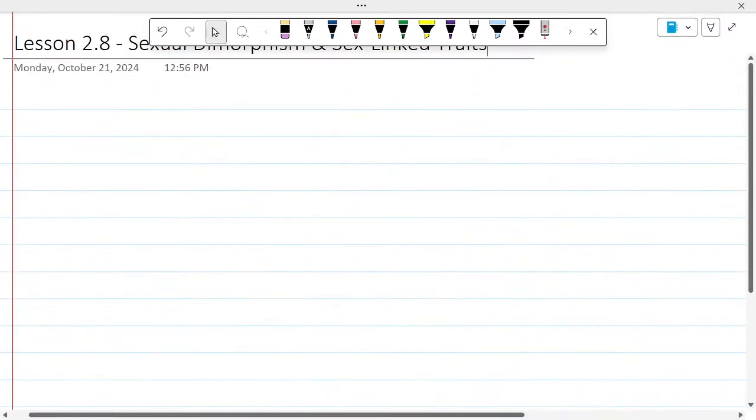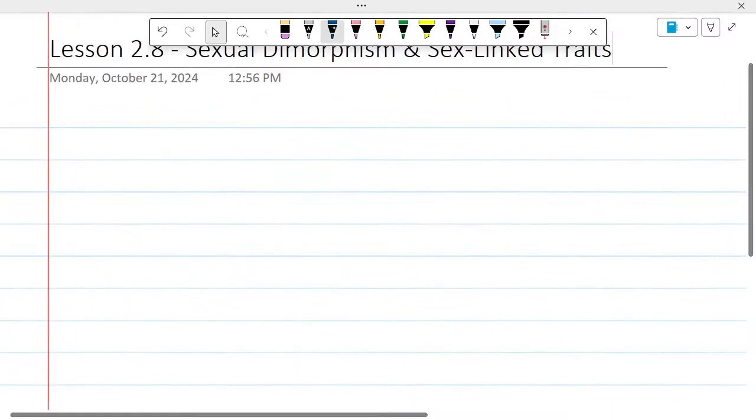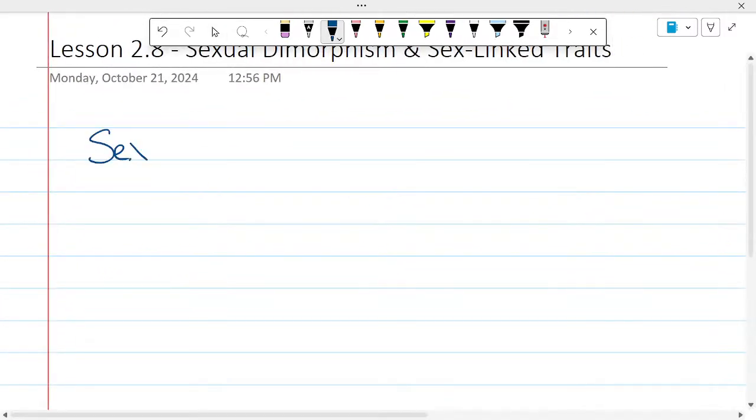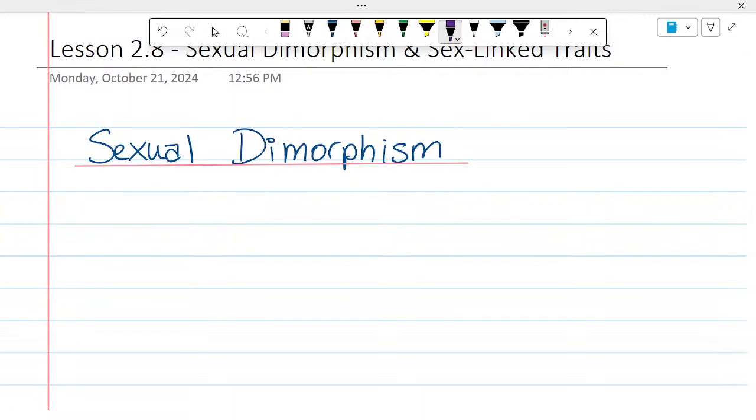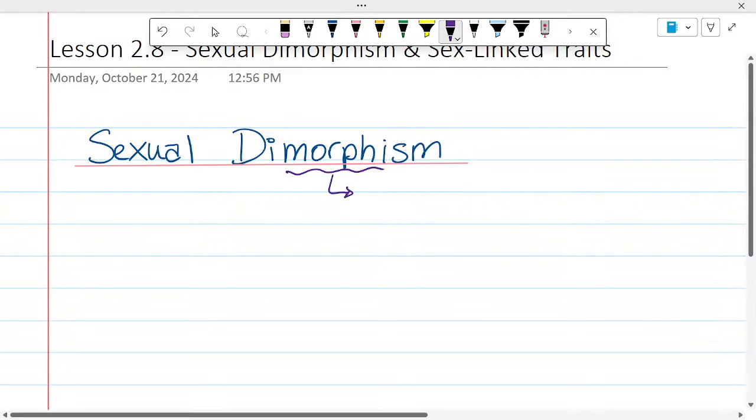So that tells us something right there, that sexual dimorphism refers to, well, sexual refers to related to sex or sexual reproduction, and then di refers to what as a prefix? To morphism. Morph refers to physical traits. Yeah, very good.